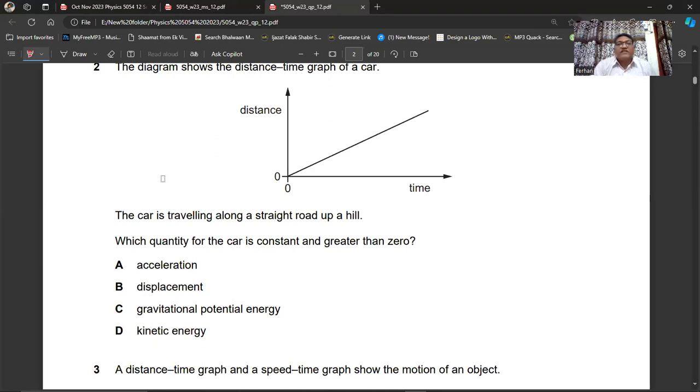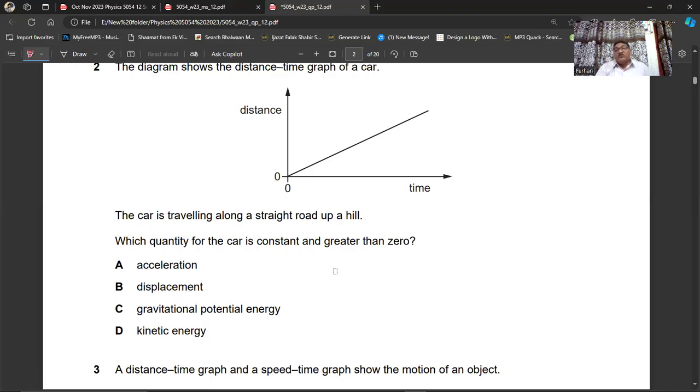The gradient of the distance time graph represents the velocity. Because the gradient is constant, that means the speed is constant.